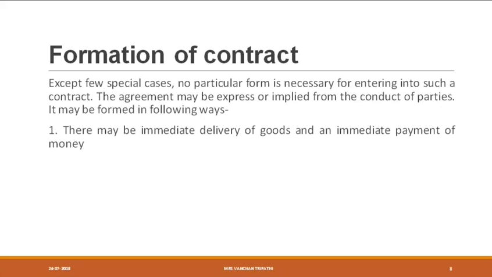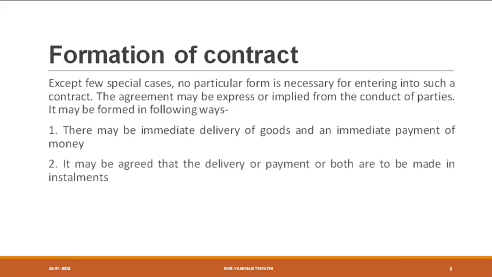If both exercises, delivery of goods and payment of money, are performed with immediate effect, there is the formation of a contract. This is one way to have a valid contract of sale of goods.